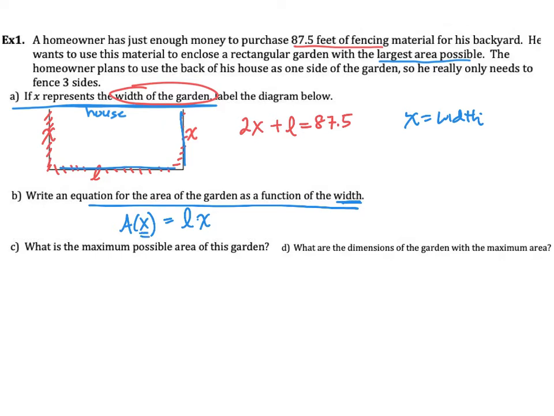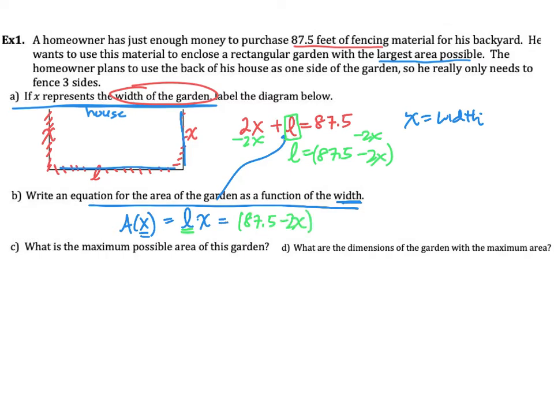So I'm going to go up to this equation up here. I'm going to isolate my L. So L equals, I'm going to move my 2x to the other side. So I get 87.5 minus 2x. So now instead of L here in the equation, I'm going to have 87.5 minus 2x.